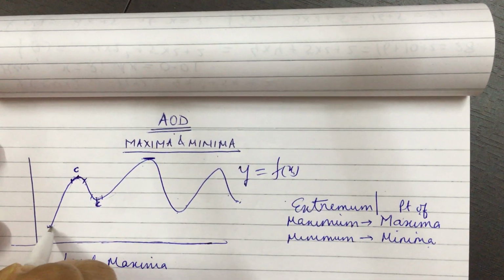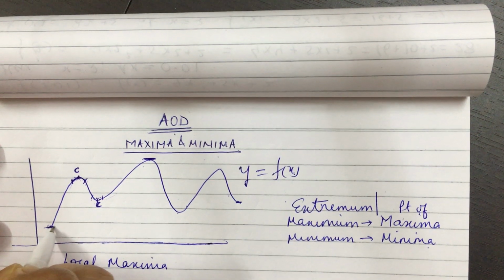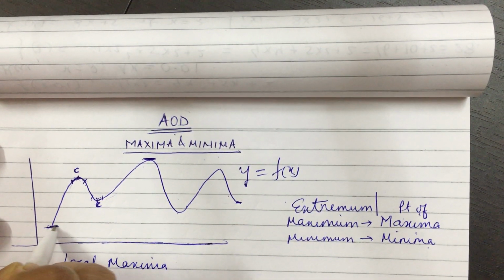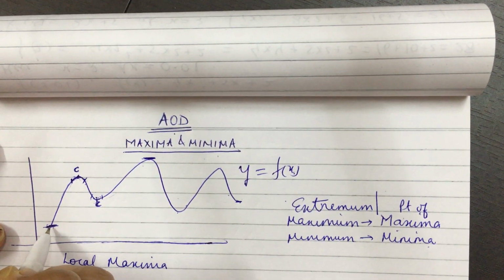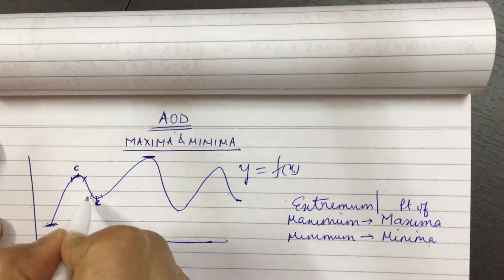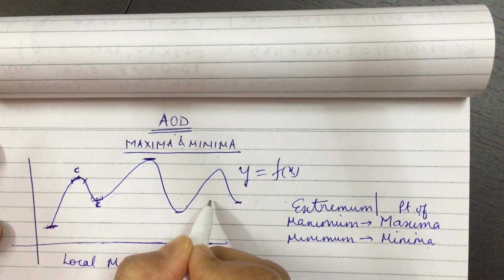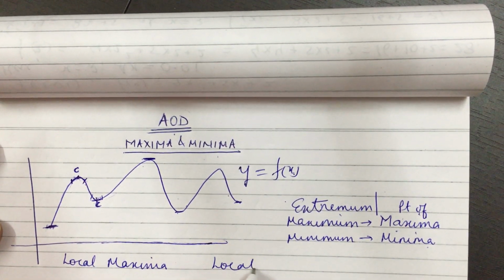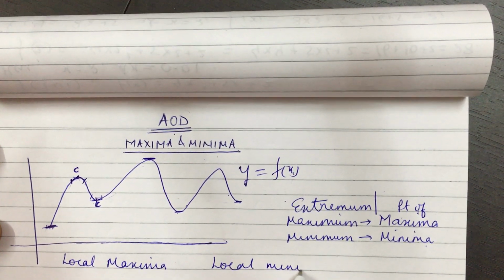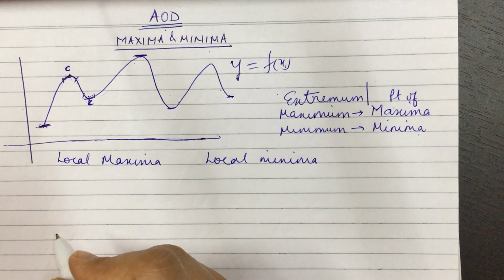In the same way, in the entire interval, whichever is the least value, like here, this is the point of minimum, or we call it absolute minimum, whereas each of these points at which the value is least is called a local minima. You will understand it better as and when we take up some problems.